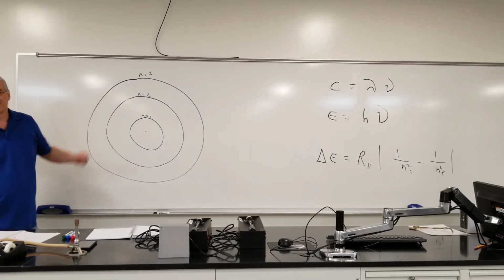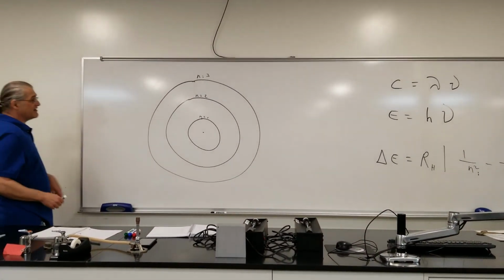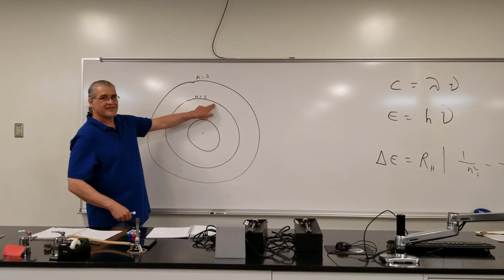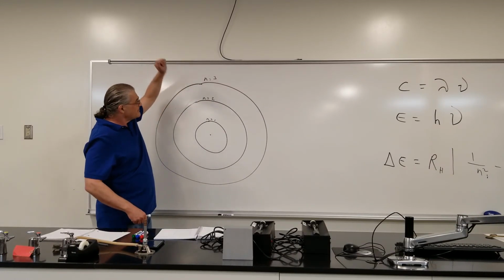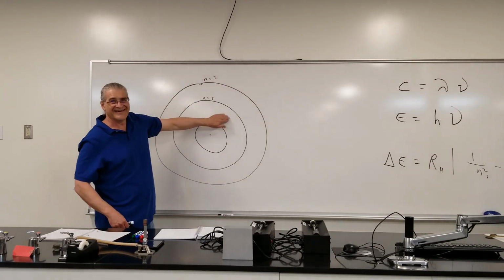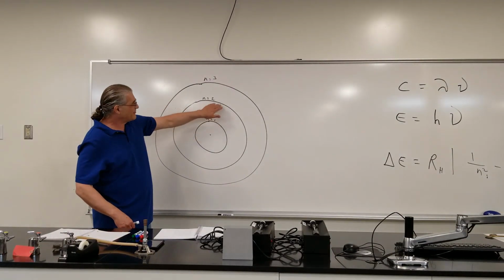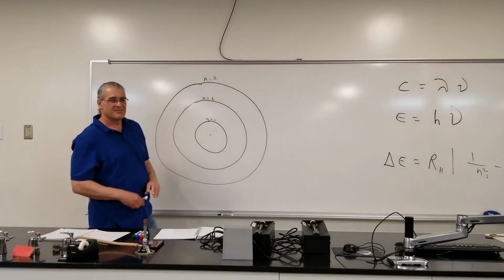So these are your quantum numbers. So the electron can be at this level, this level, this level. It keeps on going up. The electron can never really be in between. The electron can be in one orbit or another, but it can't really be in between.